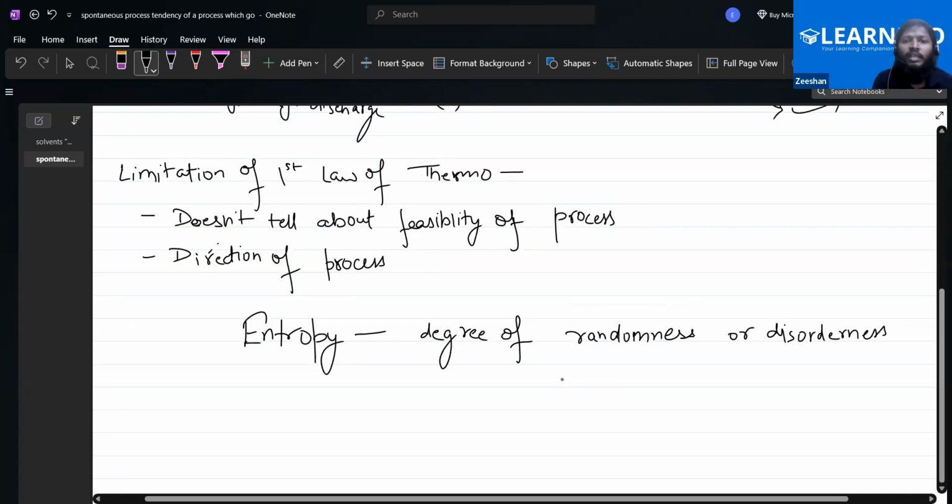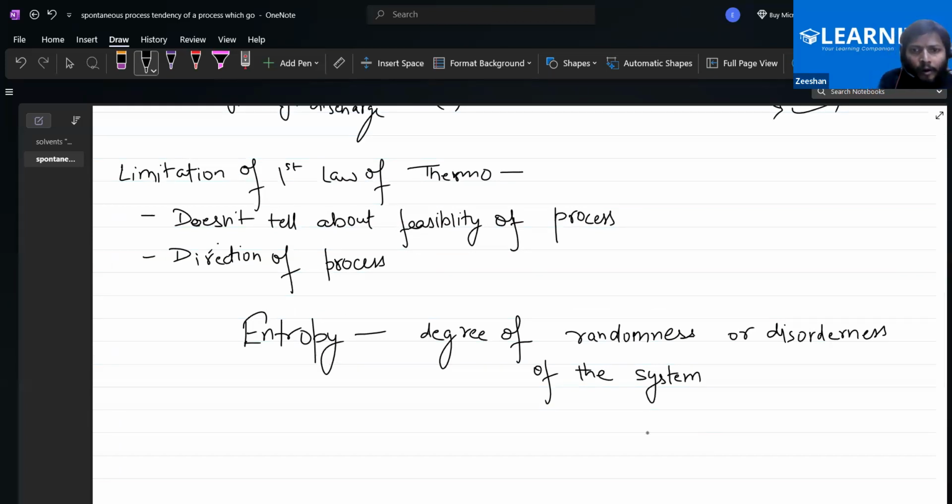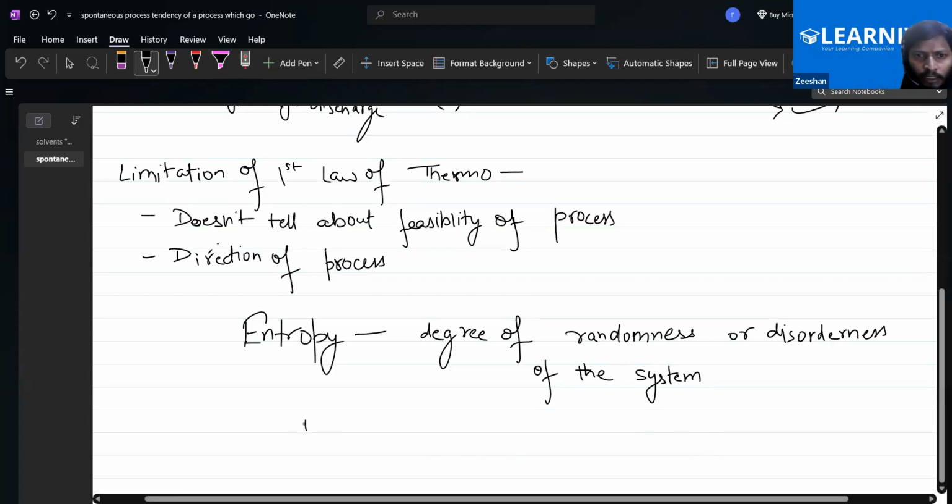So entropy is the degree of randomness or disorderness of the system. Got it? Yes, sir. So as disorderness increases, entropy increases. Good.